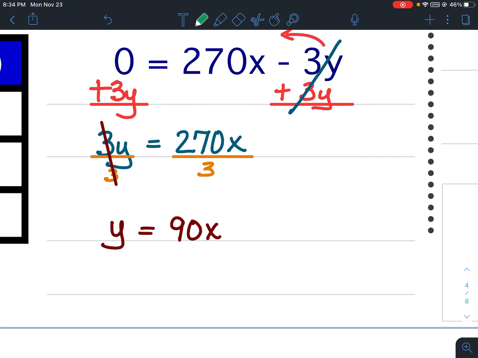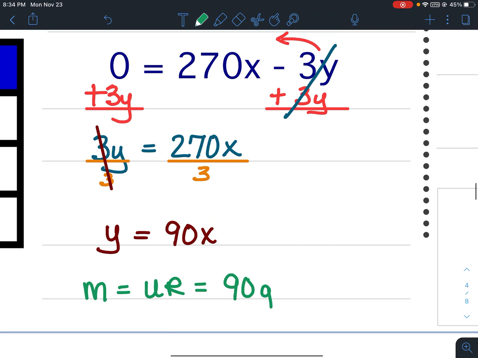So my slope, which equals my unit rate, equals 90 grams of protein per serving.